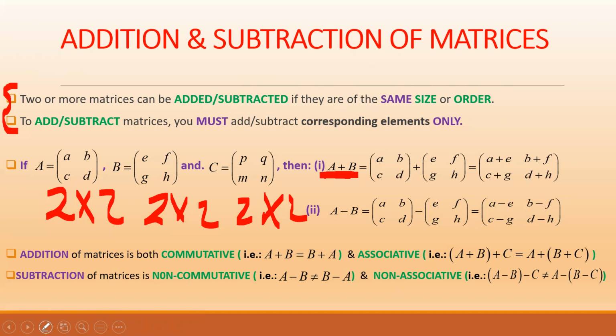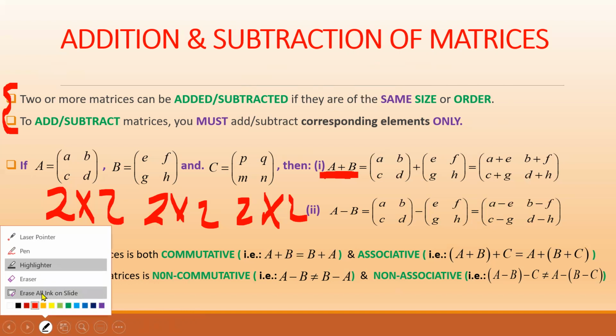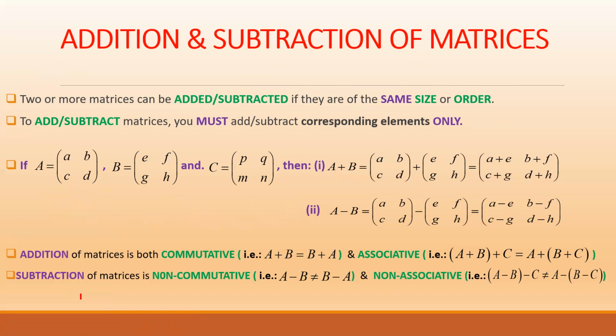So you will hear me say add or subtract because it follows the same principle. However, when you're to add, you add, and when you're to subtract, you subtract. That's where the difference will come in. Okay, guys? But they follow the same concept in terms of compatibility and in terms of performing the operation on corresponding elements.